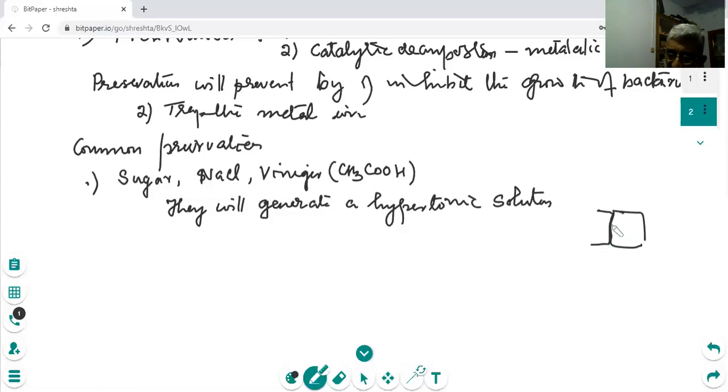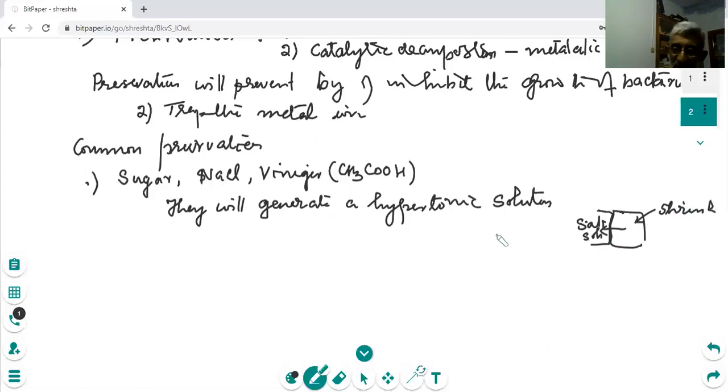So you know, if you have a cell which is separated by a semi-permeable membrane, and you have a solution of high concentration of salt here, a salt solution, so the concentration of the salt is high here. So water will move from here to here. And that means that the bacteria itself will shrink.